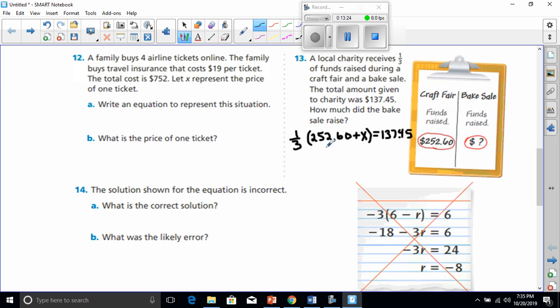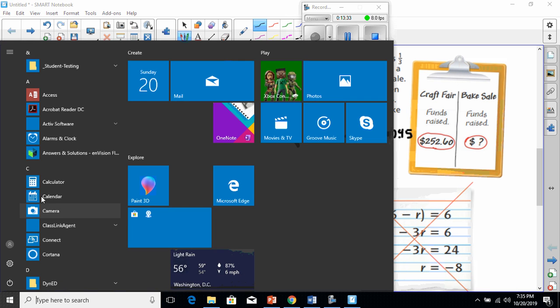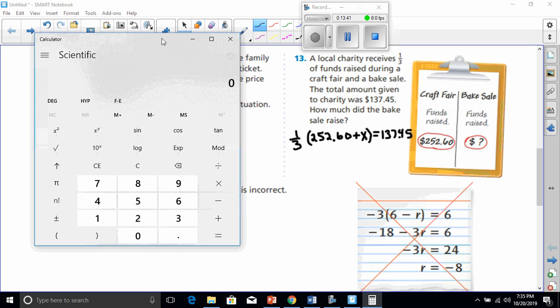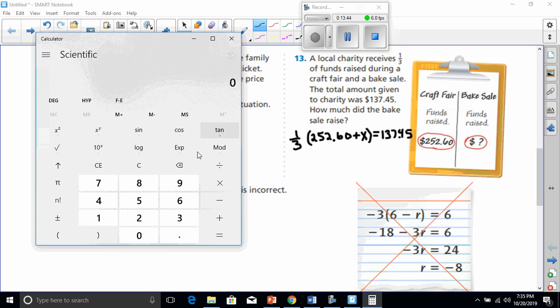All right, so if we do this, we're going to have to take 1/3 of this amount times this. So let's get our calculator and figure that out. Well, 1/3 means we're going to divide this by 3. So I can take 252.60 divided by 3, and that gives me 84.2.